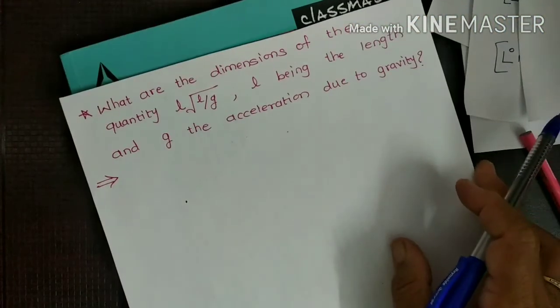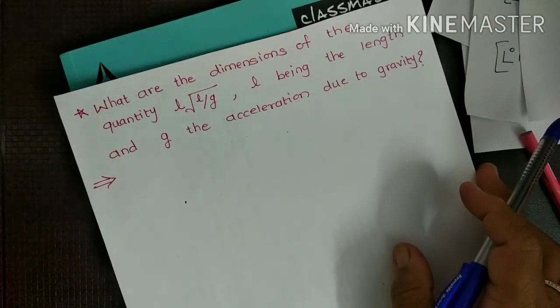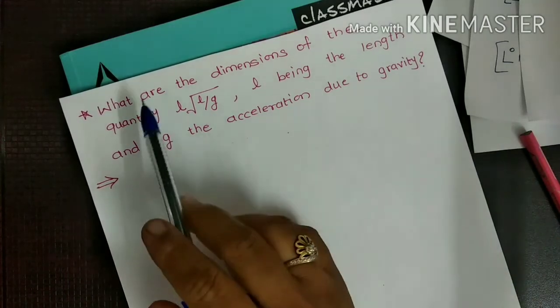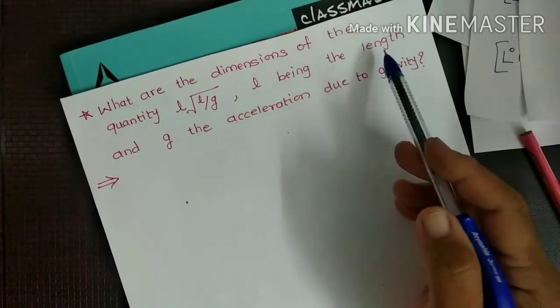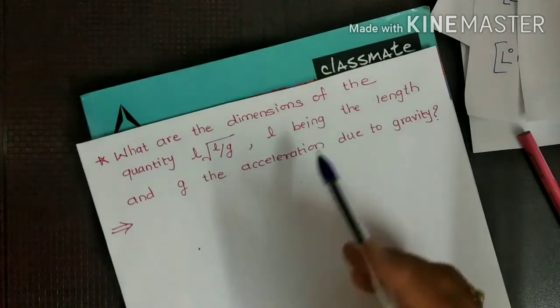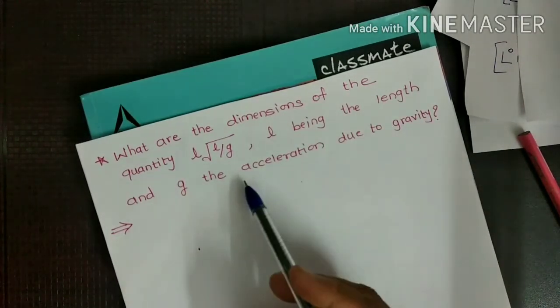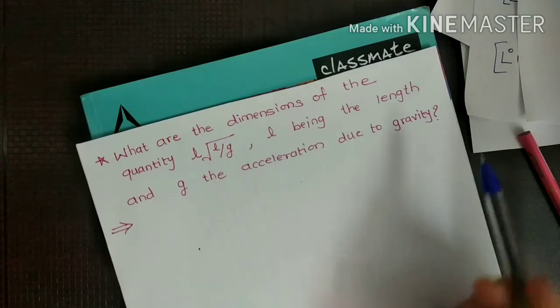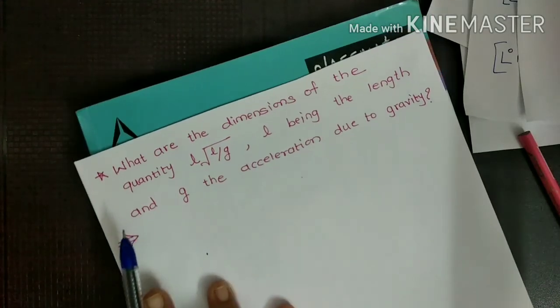Then we have to find the next equation: what are the dimensions of the quantity L into under root of L by G, L being the length and G the acceleration due to gravity. That is an application based question.